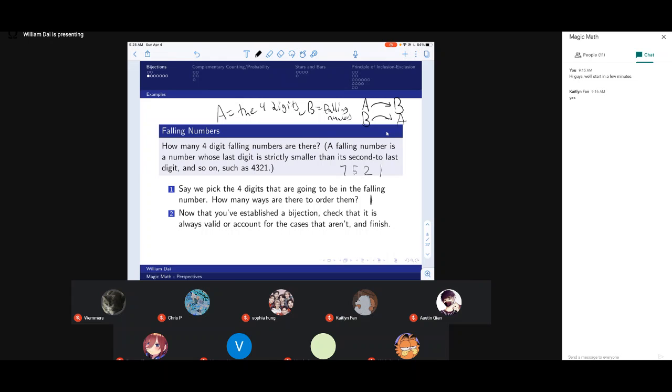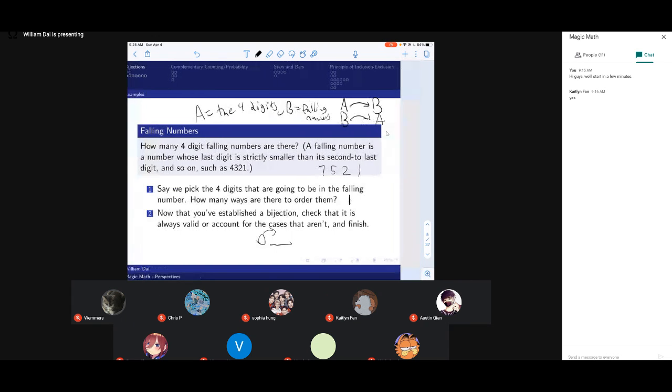Also, the 4 digits always form a valid 4-digit following number. We have to check the case where the leading digit is 0, but this is not possible because it's strictly decreasing, and since it's already the first digit, you can't have a digit less than 0.